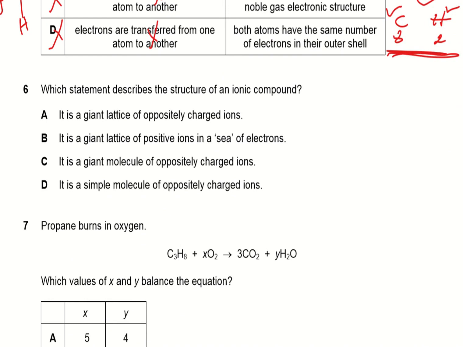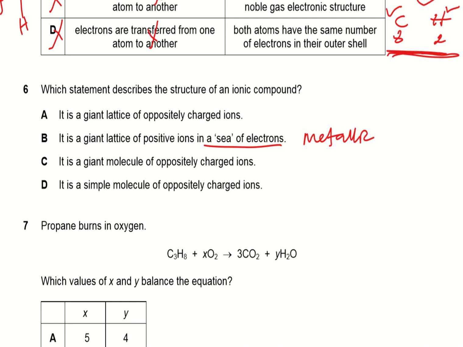Question 6. Which statement describes the structure of an ionic compound? A: a giant lattice of oppositely charged ions. That sounds correct. Next: a giant lattice of positive ions in a sea of electrons. No, this refers to metallic bonding. Next: a giant molecule of oppositely charged ions.